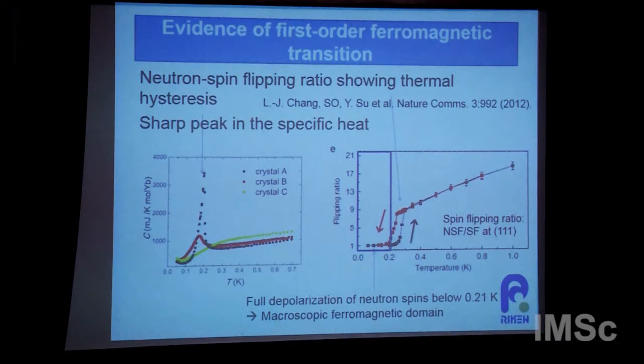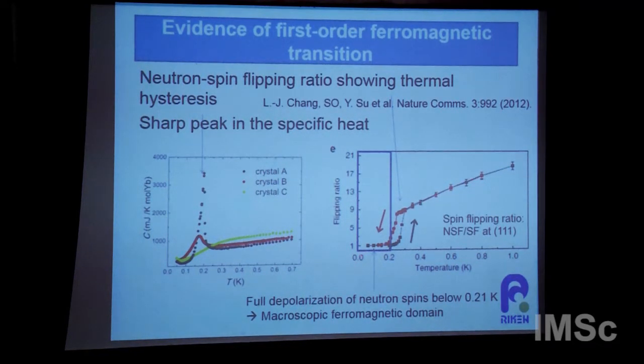But if there is a big enough magnetic moment inside the crystal, and there are some domain structures, then they will be randomly scattered. So then they will lose the information of the initial spin state. And then we can take the ratio of the spin flipped and non-spin flipped intensity at some point. And this is called the flipping ratio of neutron spins.